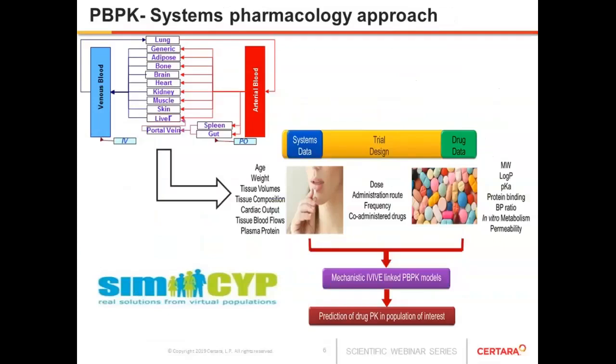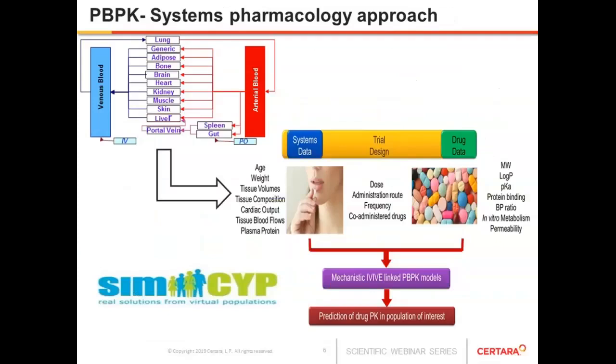Now, we use a PBPK approach in assessing the PK of drugs. PBPK is a short form for physiologically based pharmacokinetics.